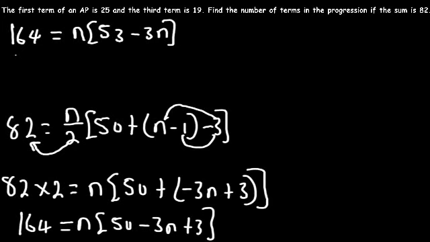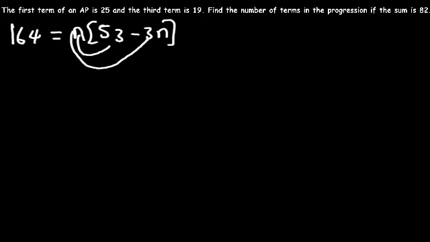What I will do next is expand the bracket with the n outside the bracket. So this becomes 164 equals 53n minus 3n squared.